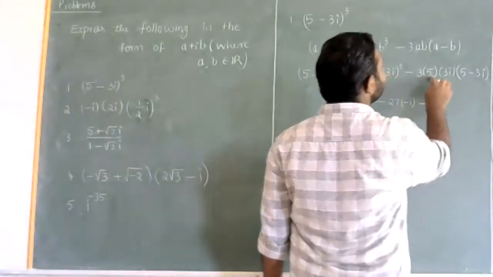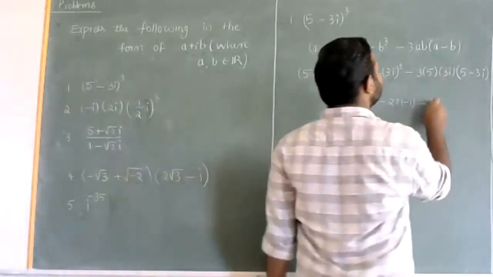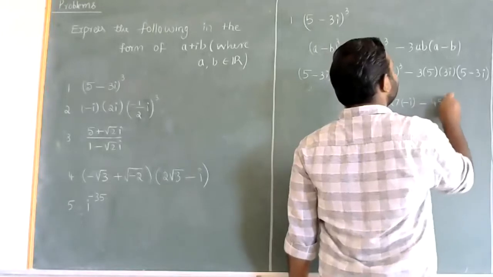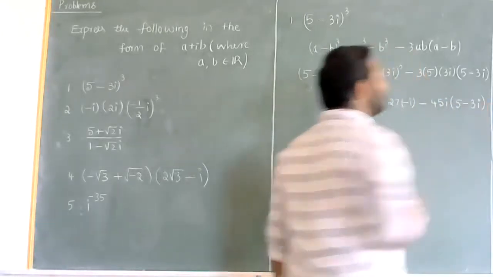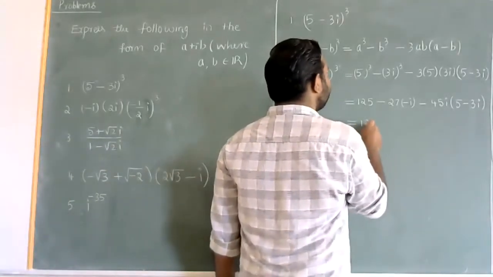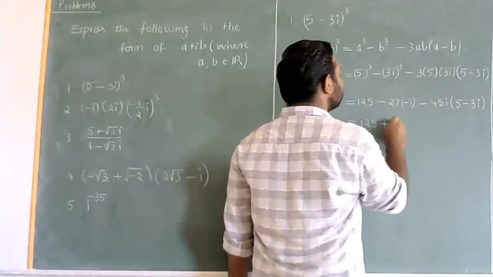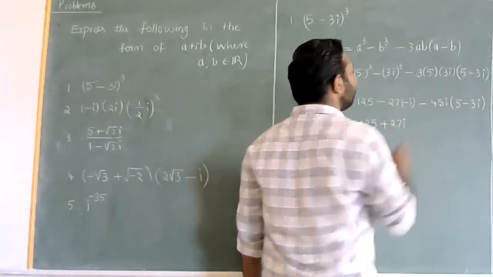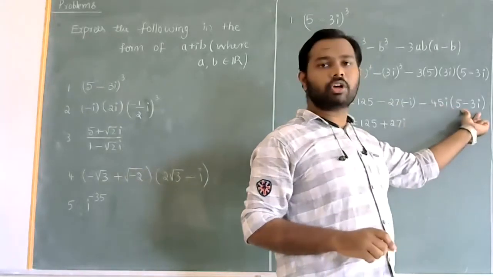Minus 3 5s are 15, 15 3s are 45. So 45i into (5 minus 3i). So it is 125, minus into minus is plus, so plus 27i here, minus 45i into this complex number.